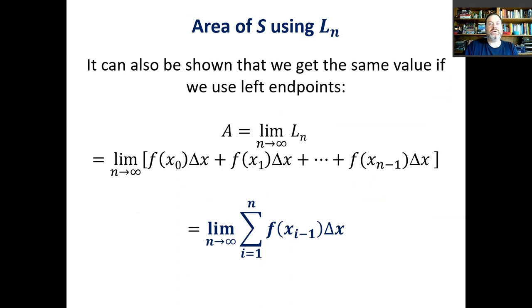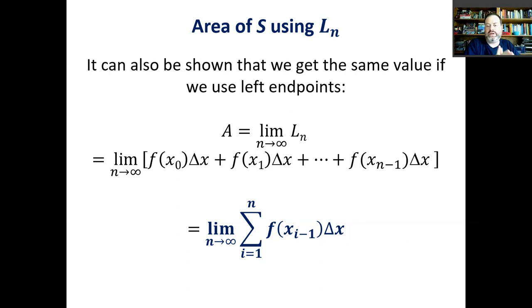All right, so that's the main stuff, but I just want to go over a few more details that are just factual. This is the kind of stuff that can show up as a true-false on a test. It can be shown that we get the same values if we use the left endpoints, because when n goes to infinity, it doesn't matter if you're on the left endpoint or the right endpoint.